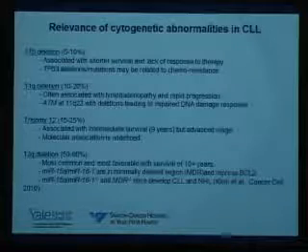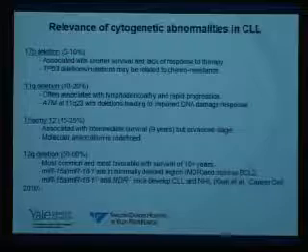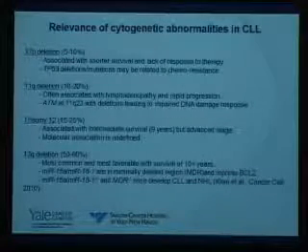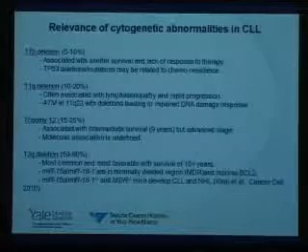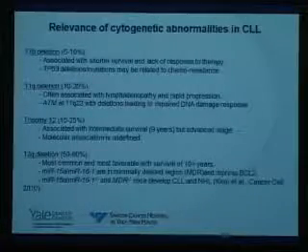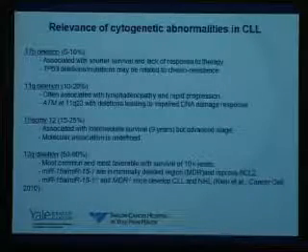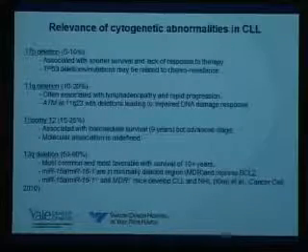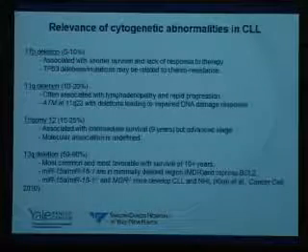Chromosome 17p deletions, as I said, are associated with shorter survival and also appear to have a diminished response to therapy, specifically fludarabine, which has been one of the staples of CLL chemotherapy for many years. One of the genes on 17p encodes p53, and about 30% of patients with CLL will have p53 mutations independent of 17p deletions.